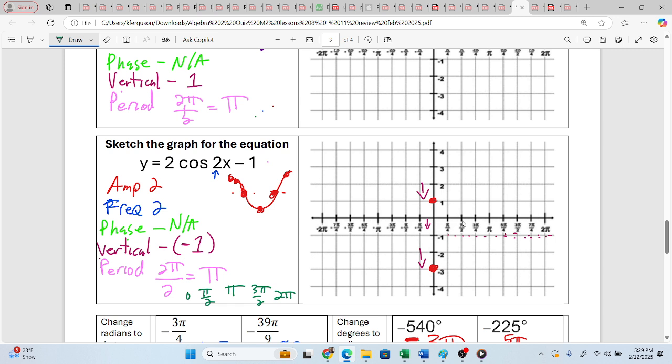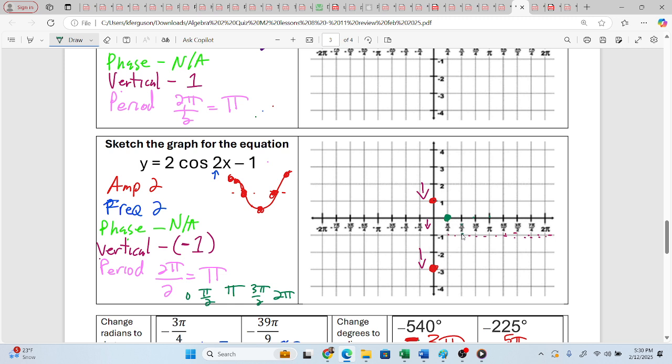Well, I've got to scrunch all of it within pi. So I'm going to start at 0, go here, then here, then back here, then there. So let's just focus on that. I'm starting up here. So my first stop is right here, right? And then my midline is right there.